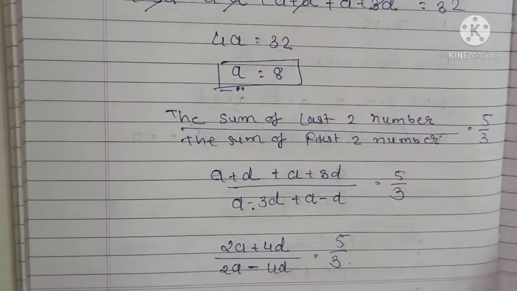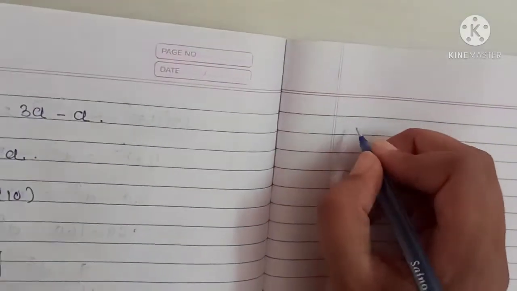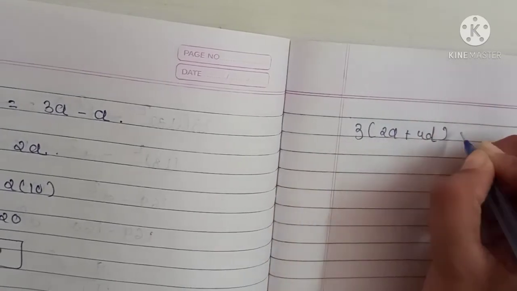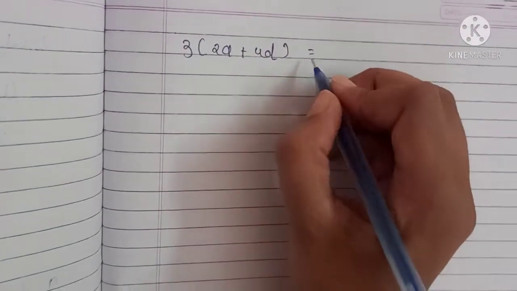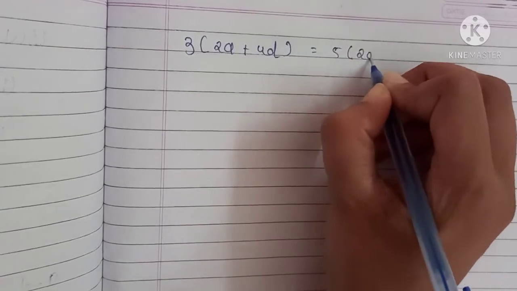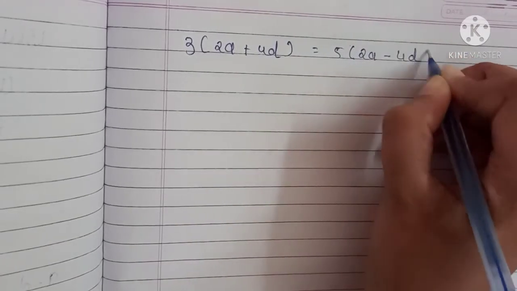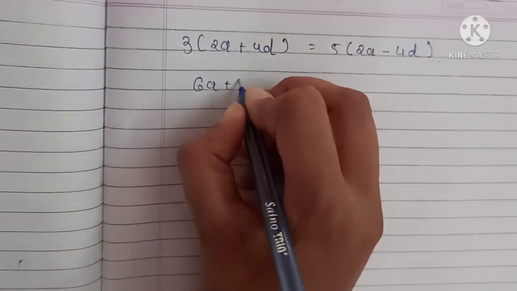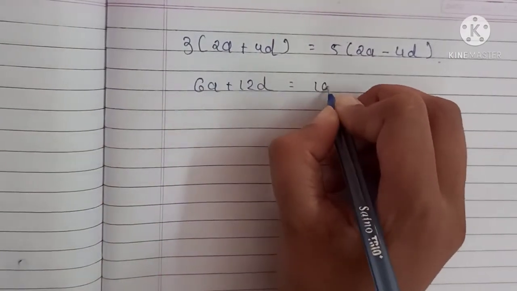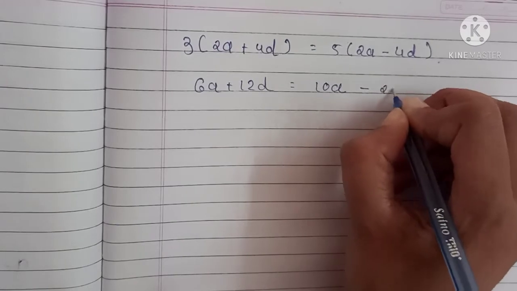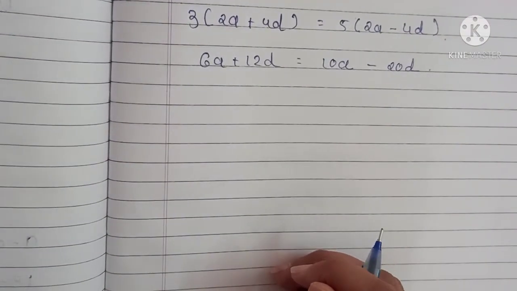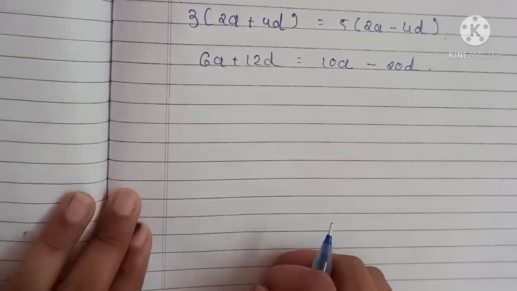Let's cross multiply it, that is 3 multiplied by 2A plus 4D is equal to 5 multiplied by 2A minus 4D. 6A plus 12D is equal to 10A minus 20D. So let's solve the equation and put the value of A as 8.